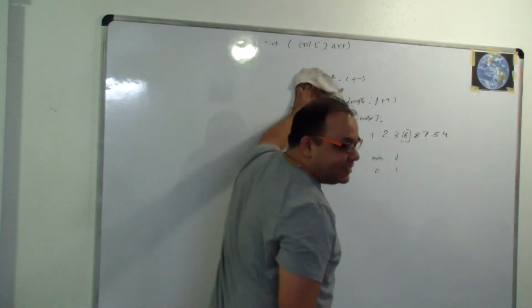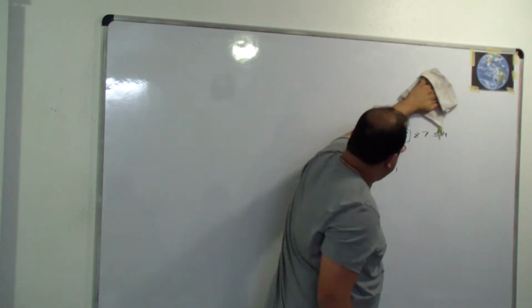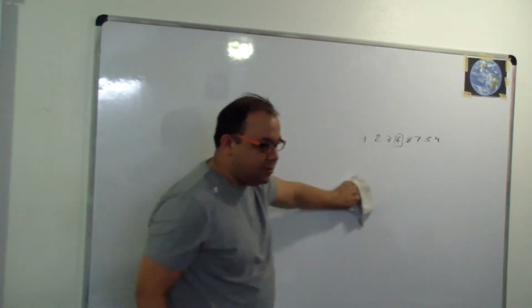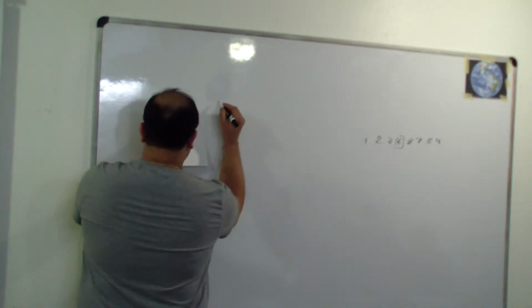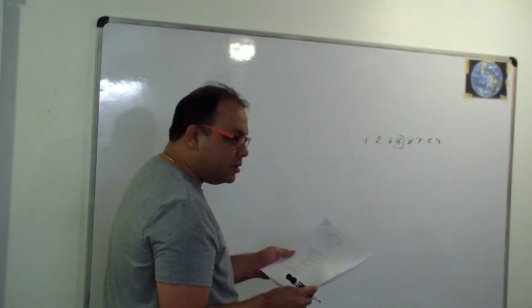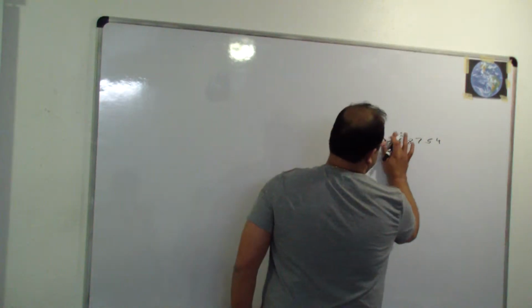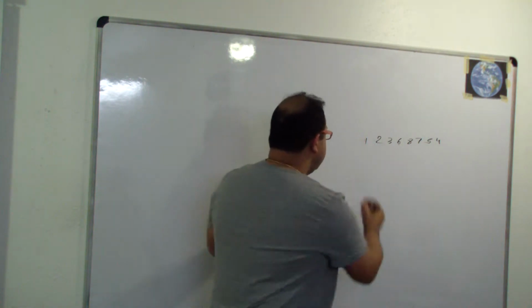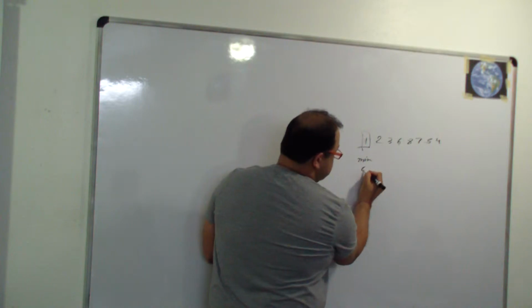I have one question. If suppose minimum index is 1, we need not change it. That's why I had the condition. Then there is no swap, and at the end, if minimum index is not equal to i, you swap. Let's say this was the array 1, 2, 3. I started with 1 and made minimum index equal to 0.